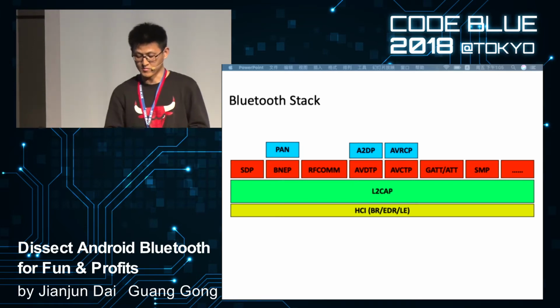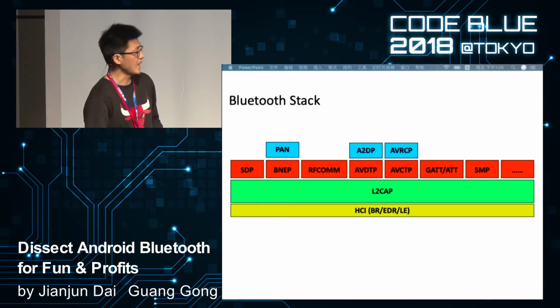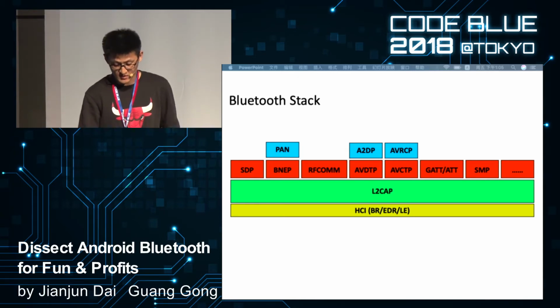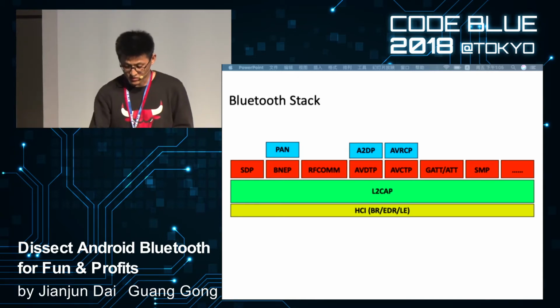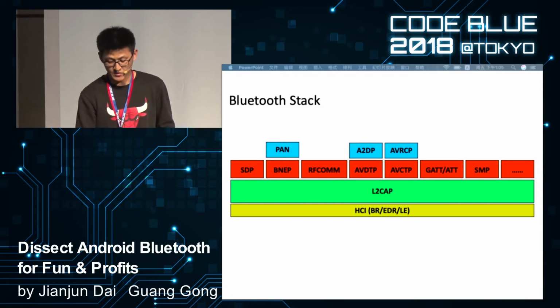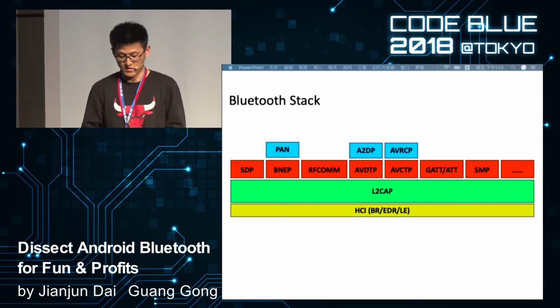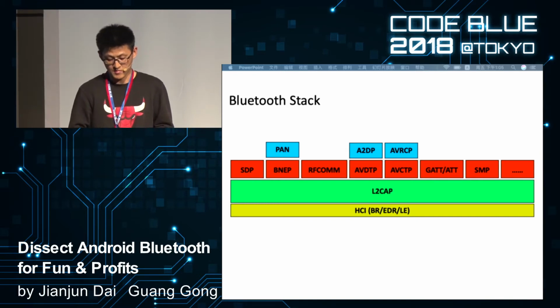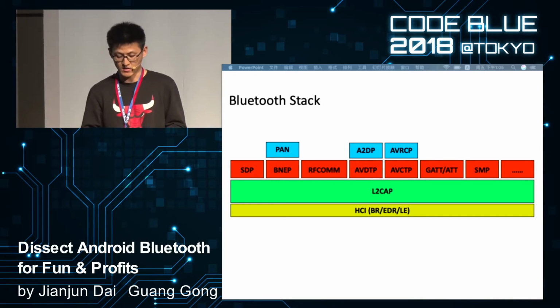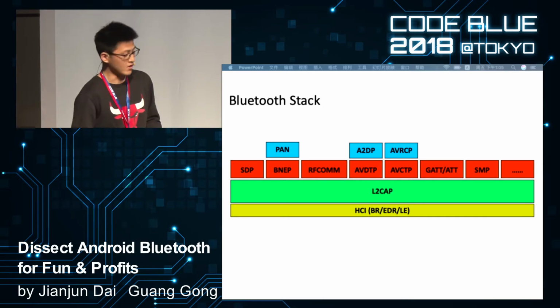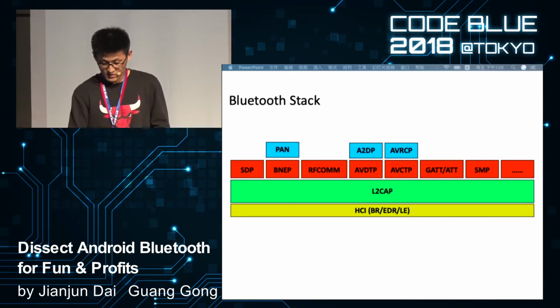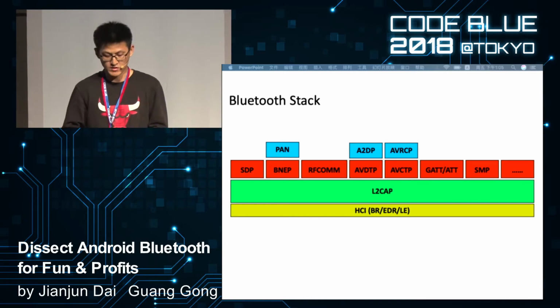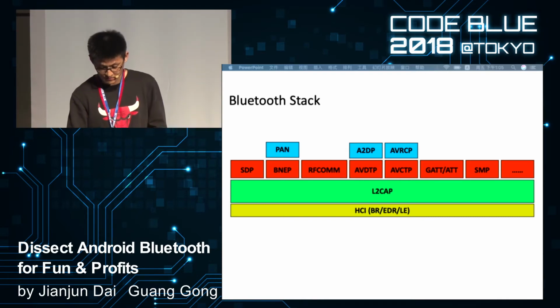The Bluetooth stack is much like the TCP/IP stack, a standard layered architecture. HCI is the lowest layer. It supports 3 transmission modes: basic rate, enhanced data rate, and low energy. It is implemented in HIDL by manufacturers.